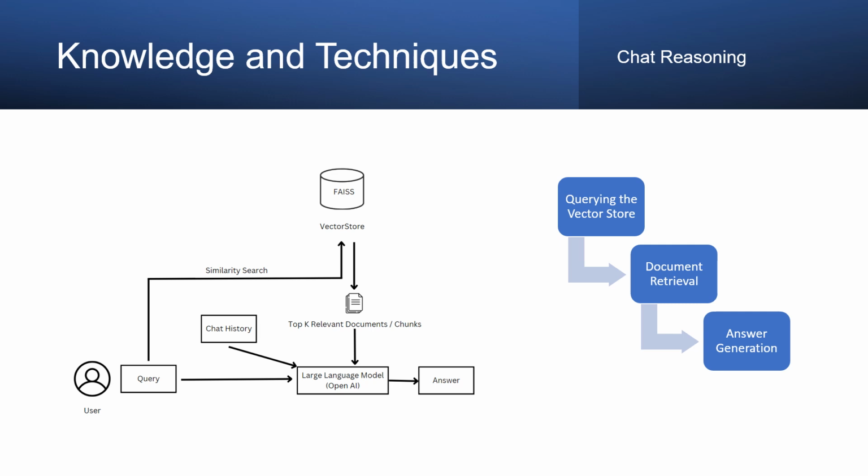After retrieving the chunks, we feed both the query and the similar documents into the large language model, in our case, OpenAI's ChatGPT. This information will be included in a custom prompt template where we will get ChatGPT to generate our answer based on the query and the information given.